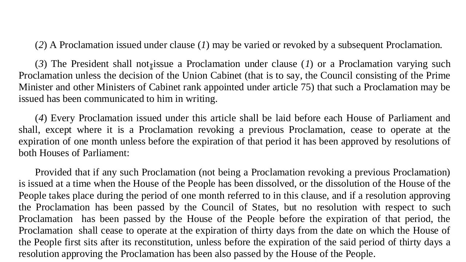The President shall not issue a proclamation under clause 1 or a proclamation varying such proclamation unless the decision of the Union Cabinet, that is to say the Council consisting of the Prime Minister and other Ministers of Cabinet rank appointed under Article 75, that such a proclamation may be issued, has been communicated to him in writing.